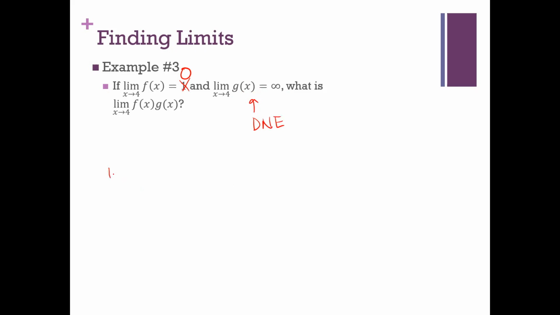And I'll give you an example here. I know the limit as x approaches 0 of x is 0. And the limit as x approaches 0 of 1 over x is infinity. Let's just say 0 from the right. Would you agree with both of those statements?